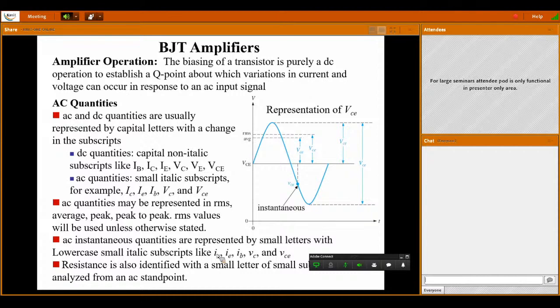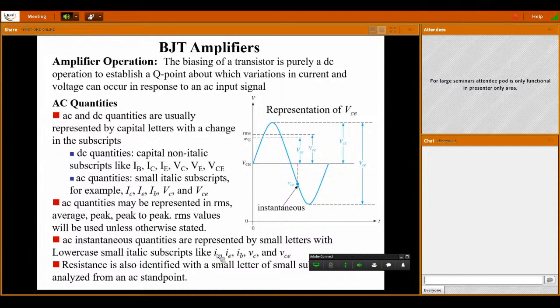Next, AC quantities are represented with italic letters, and the subscripts are small letters. So Ic is the AC collector current, Ie is the AC emitter current, and Ib, with the subscript small b, indicates the base current.